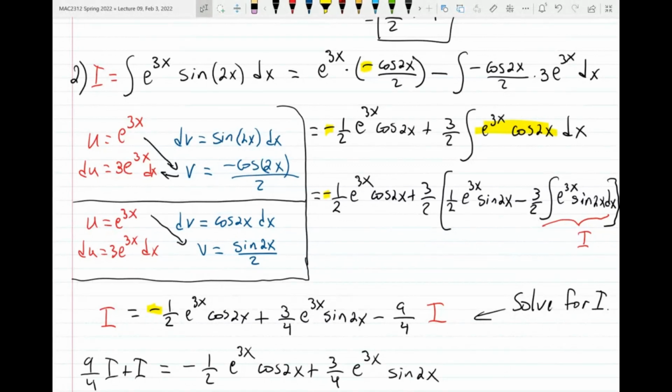So if we start with u equals e to the 3x, do we have to stick with e to the 3x, or does u have to be an exponential? No. At the beginning, you have a choice. You decide what you want. But once you make your choice, you need to stick with it throughout the problem.